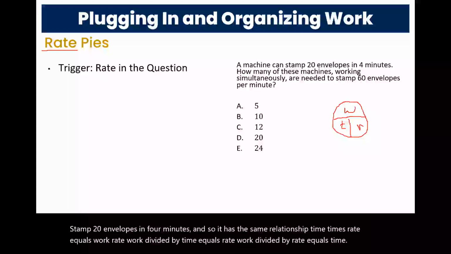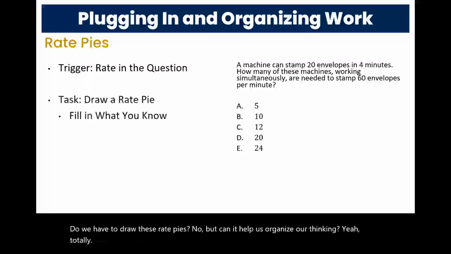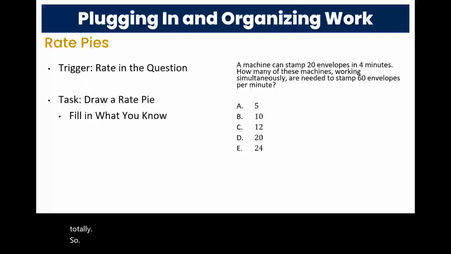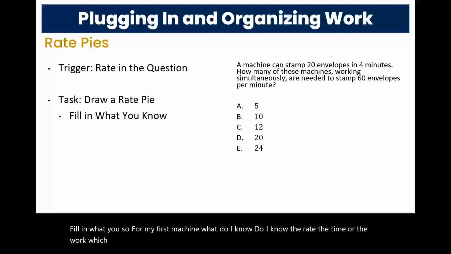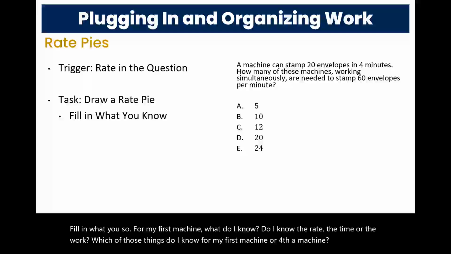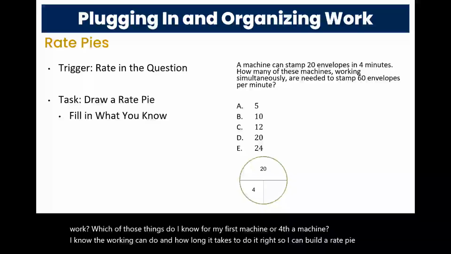Do we have to draw these rate pi's? No, but can it help us organize our thinking? Heck yeah, totally. So fill in what you know. For my first machine, what do I know? Do I know the rate, the time, or the work? I know the work it can do and how long it takes to do it. Right. So I can build a rate pi that says 20 over 4.